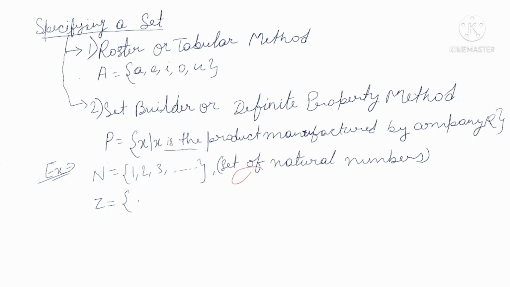So here we can write 0, then plus 1, minus 1, plus 2, minus 2, and so on. So this is the set of all integers.